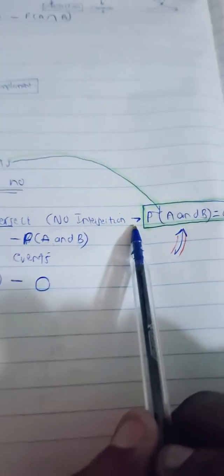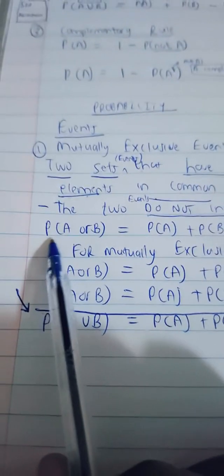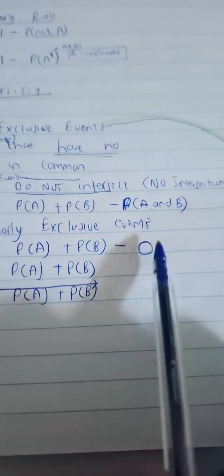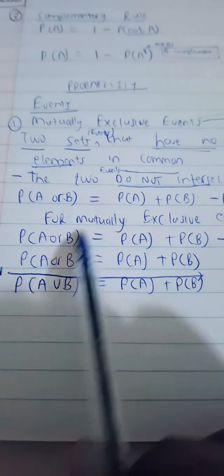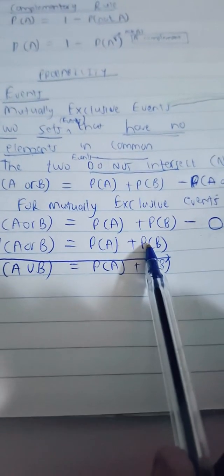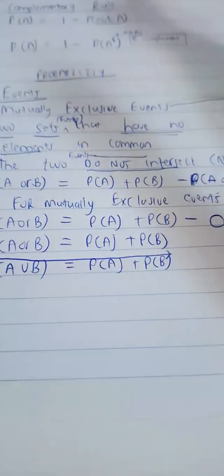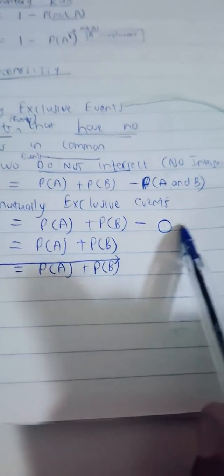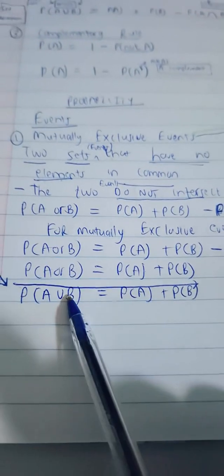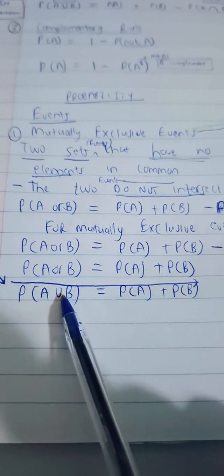So if there's no intersection, the probability of A and B is 0, and therefore in our addition rule, P(A and B) is 0. So therefore our addition rule for mutually exclusive events is simply P(A or B) is equal to P(A) plus P(B). We don't have to worry about the P(A and B) that we subtract, because it is 0. We also know the alternative notation.